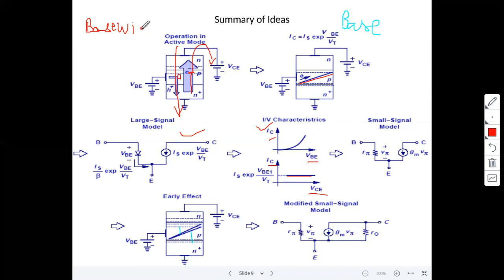What is meant by modulation? Modulation is nothing but the change of one parameter with respect to another parameter. Here, the base width changes with respect to the change of the base to collector voltage. As the base to collector voltage changes, the width of the base region also changes. This is called base width modulation.